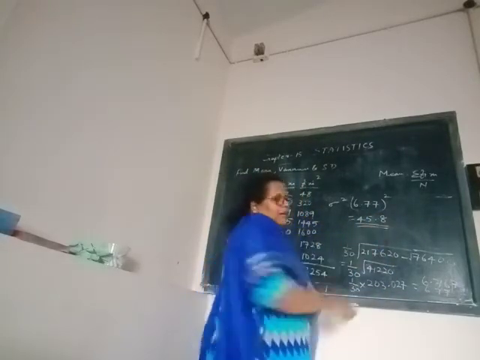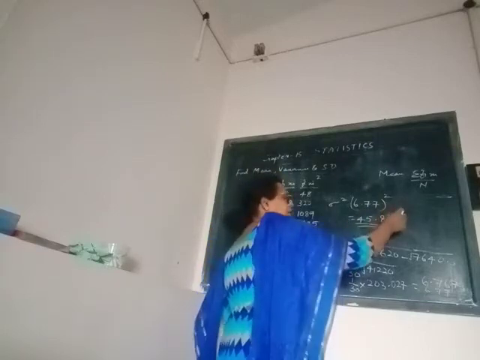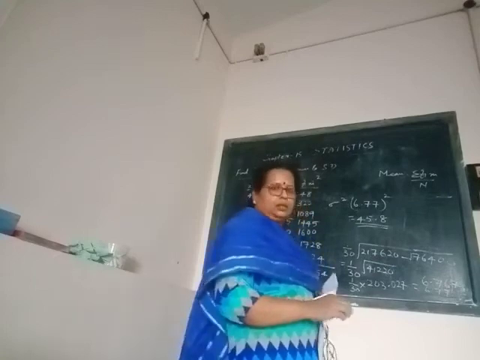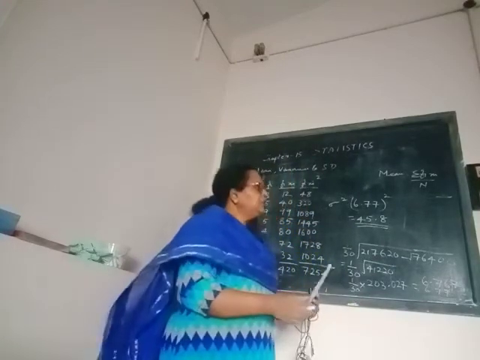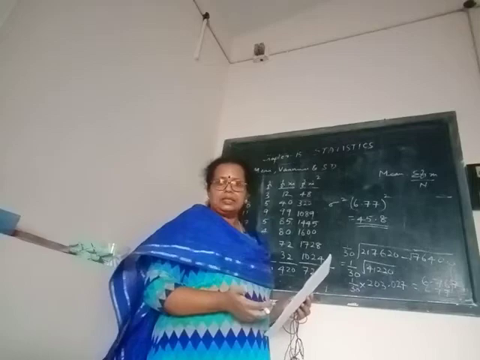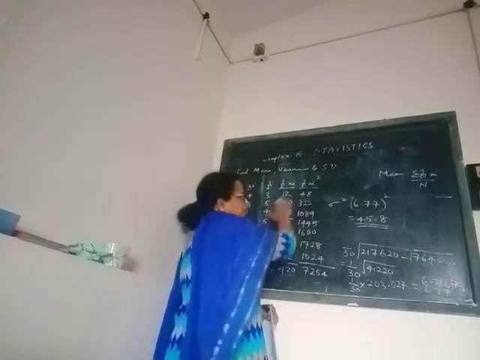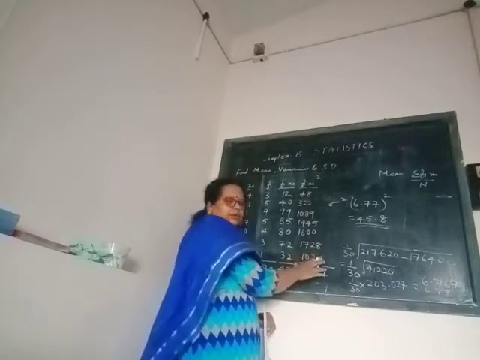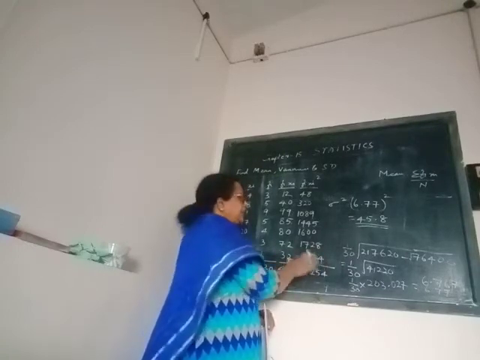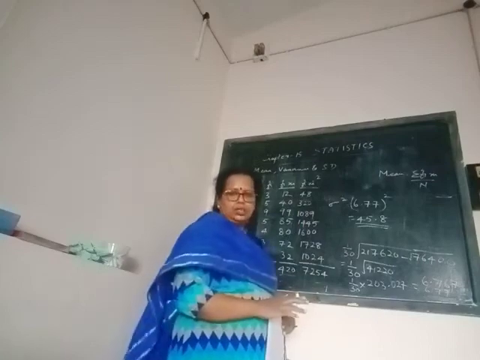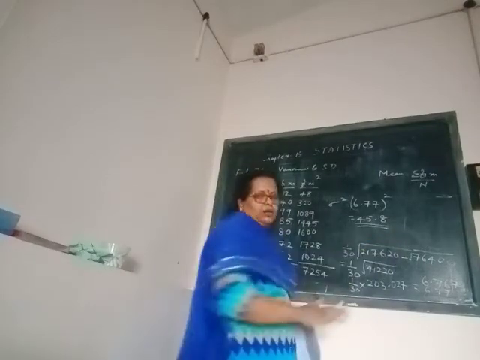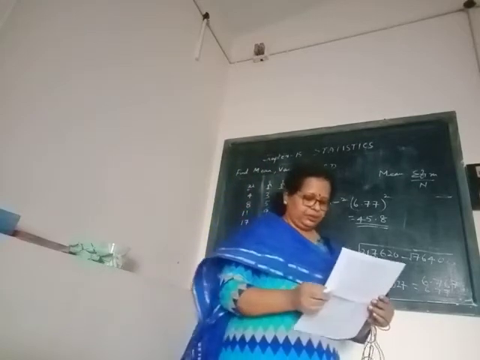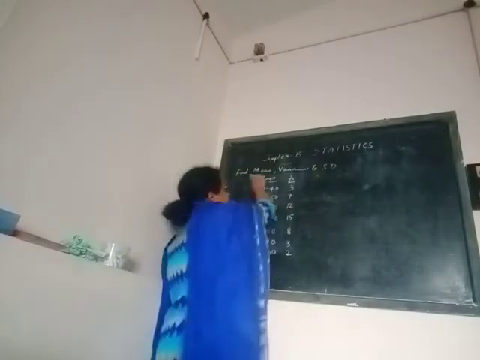You can correct to one decimal, or if you are getting more decimals, even up to second decimal, no problem. So you can accept any of these methods. In this method the numbers are big, but when you use a calculator, this calculation is easy because there is no need of writing that much table. You just remember the formula, and the other calculation you can do easily by calculator. Let us practice another question.